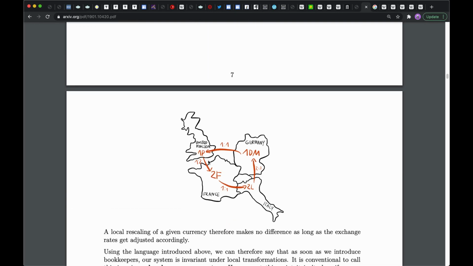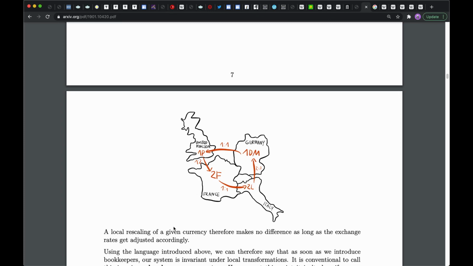You will have different exchange rates, but the buying power of the currency will not change. So if you exchange one Deutschmark in the same sequence as before, you will still have the same one Deutschmark at the end.